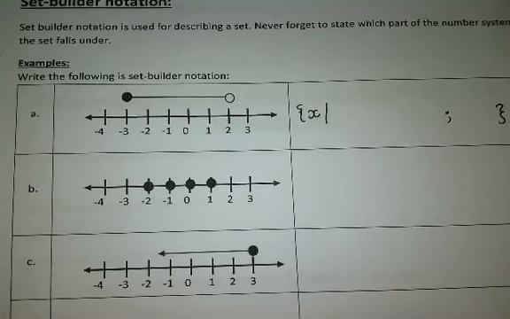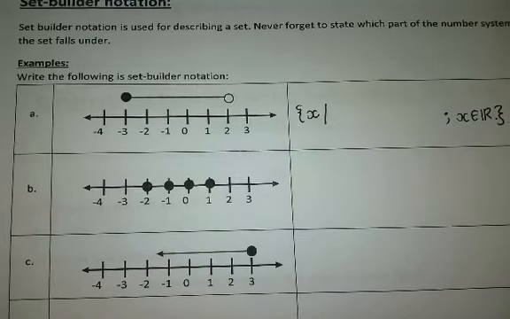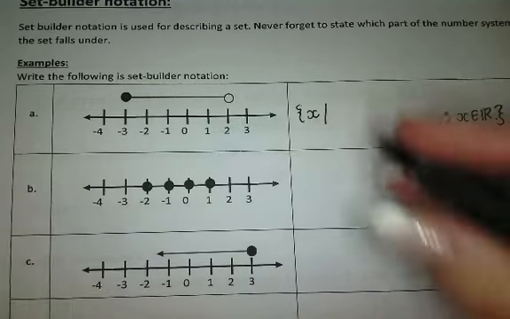If it's a solid line, it includes all the decimals and everything in between. So x is an element of real numbers. If the line connects, it means that x lies in between.